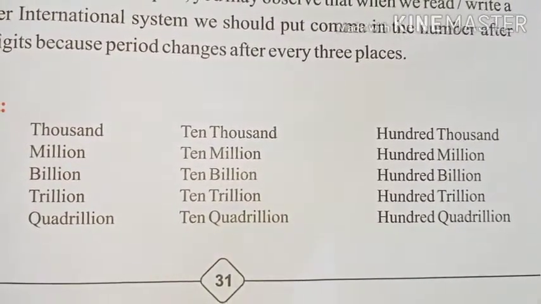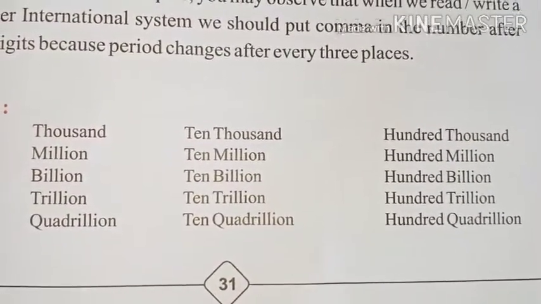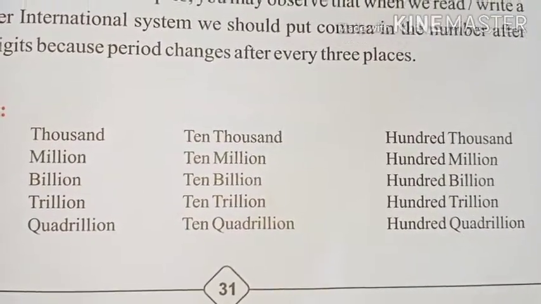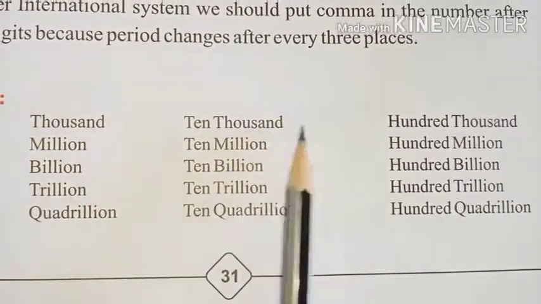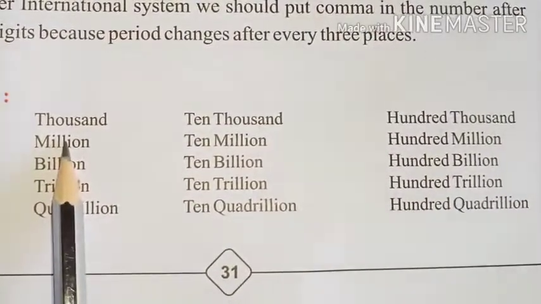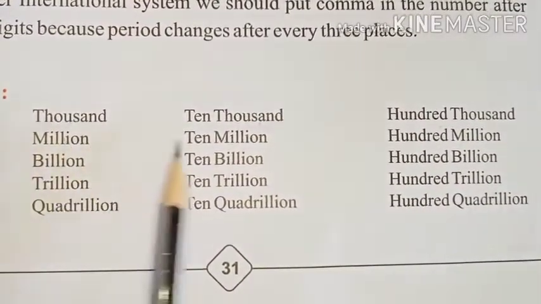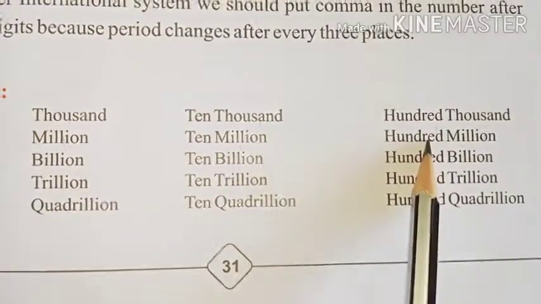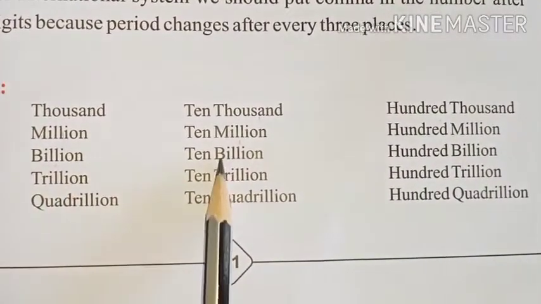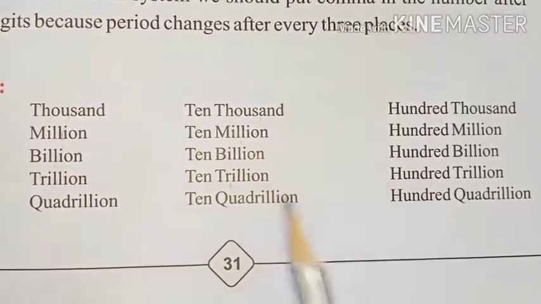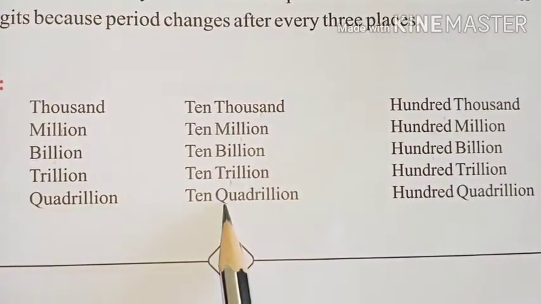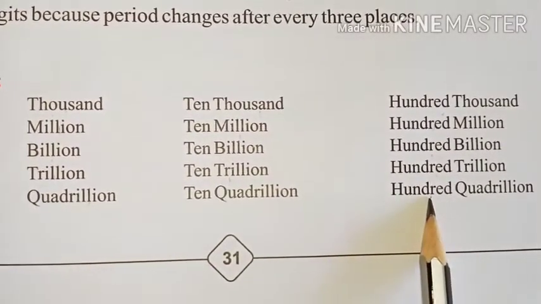Okay, see how many parts and how many periods there are. In thousand there are three places: thousand, 10,000, 100,000. Million: million, 10 million, 100 million. Billion, 10 billion, 100 billion. Trillion, 10 trillion and 100 trillion. Quadrillion, 10 quadrillion and 100 quadrillion.